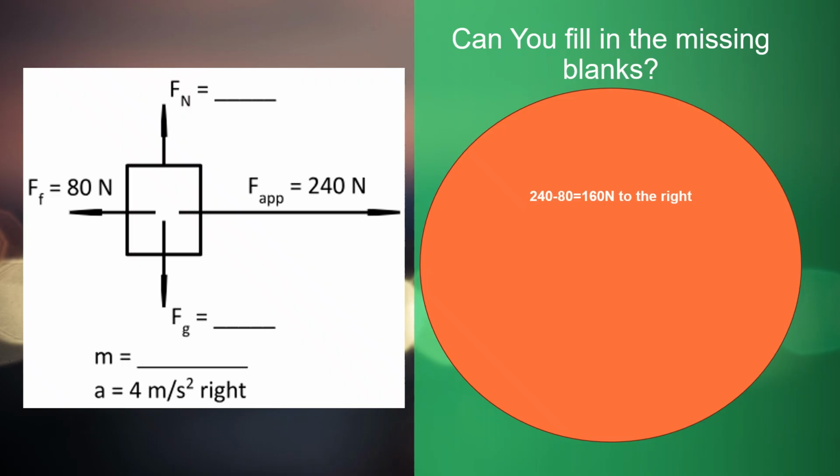We know that the object is accelerating to the right at 4 meters per second squared using the net force, which is 160, and the acceleration of 4 meters per second squared. We can go ahead and rearrange our formula to state that the mass is equal to force divided by the acceleration, which is 160 divided by 4, and that gives us the mass of the object of 40 kilograms.